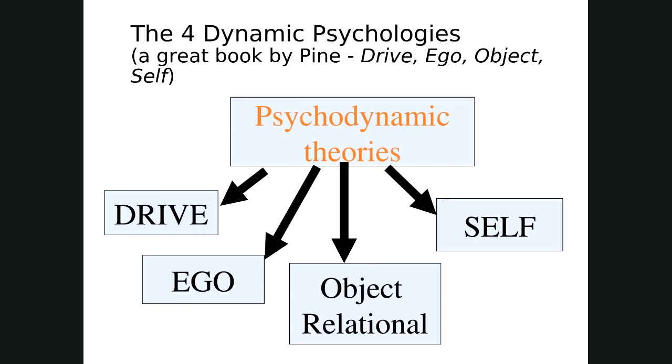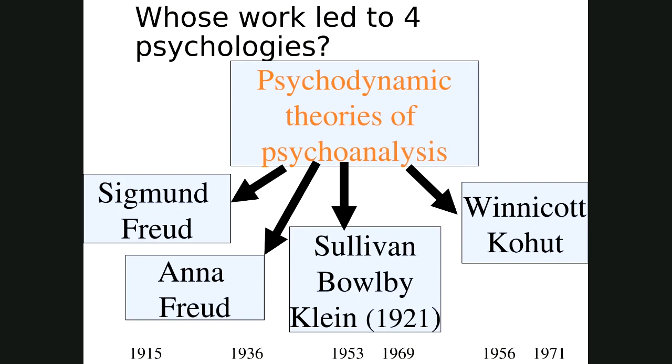Theorists for the different theories: Sigmund Freud, and there were others of the traditional psychoanalytic ilk, who talked about the id, ego, and superego. And then Anna Freud, who did additional work and focused on our understanding of the mechanisms of defense.